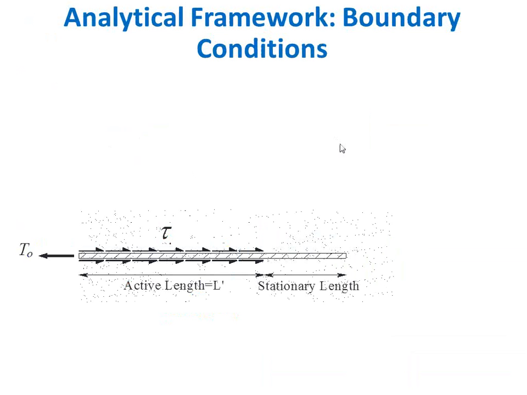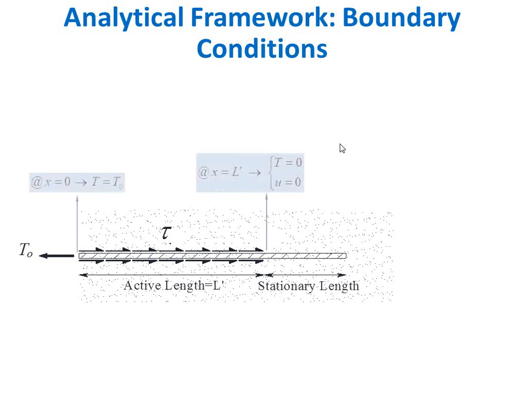What we are assuming, because of our assumptions, is that essentially we're going to use a moving boundary. So we're going to limit our domain to the active length. Our boundary conditions are these two. We have a boundary condition here, and the boundary condition is not at the end of the reinforcement, but at the end of the effective length of the reinforcement.